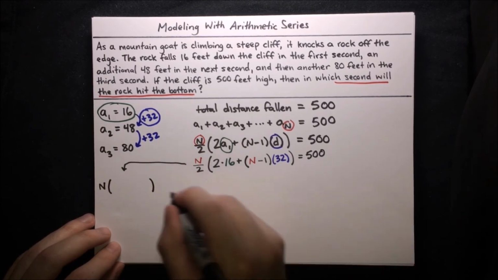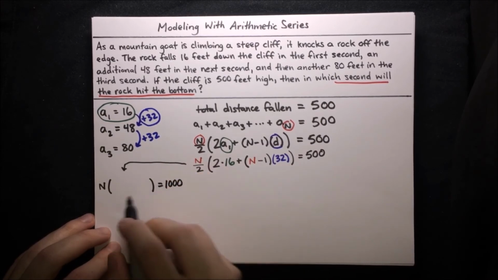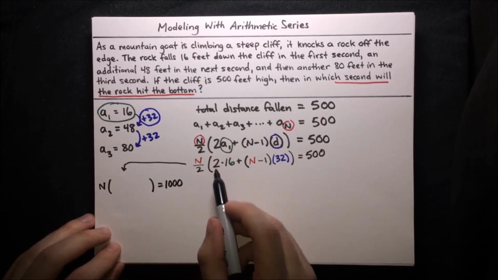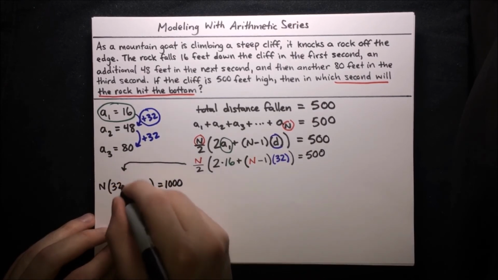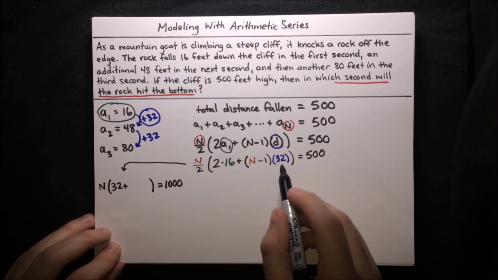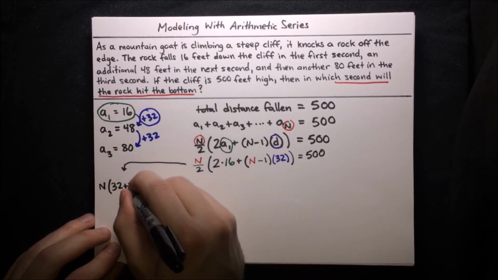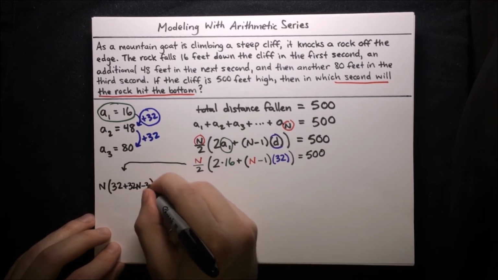But then that's going to be equal to 500 times 2, which is 1,000. And now inside of the parentheses, we've got 2 times 16, which is 32, then plus n minus 1 times 32. So distribute: plus 32n, and then minus 32.